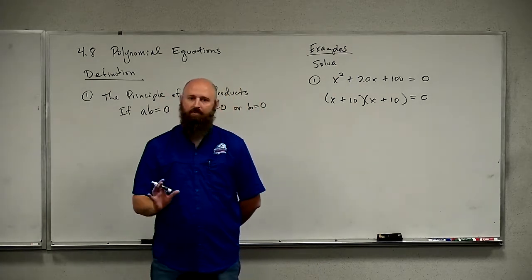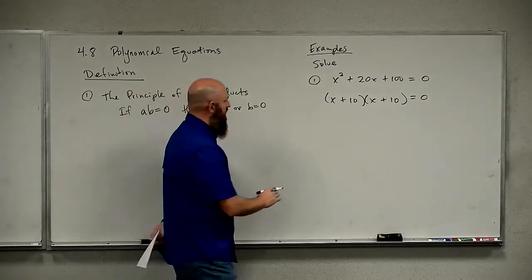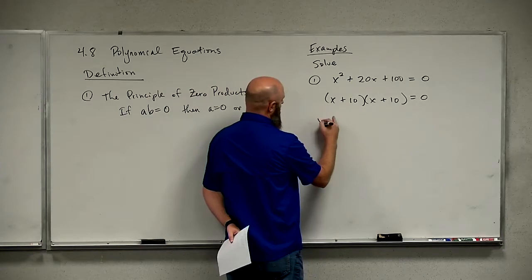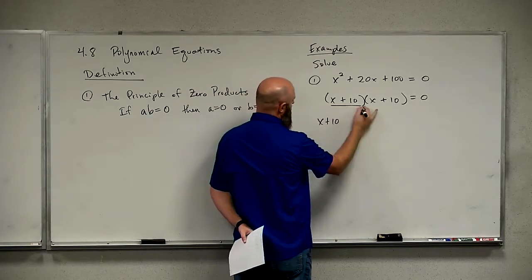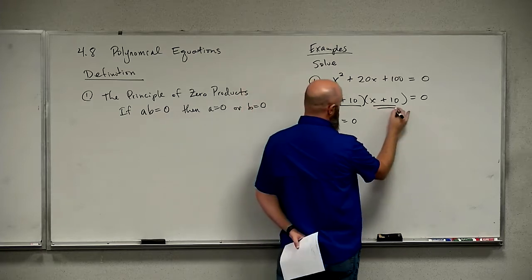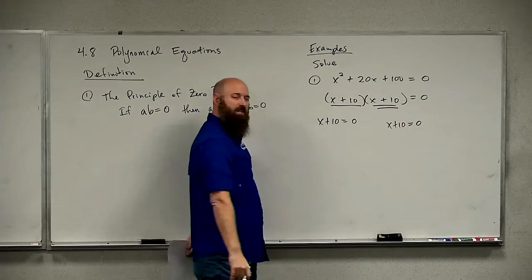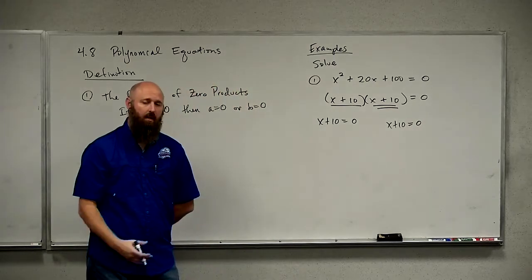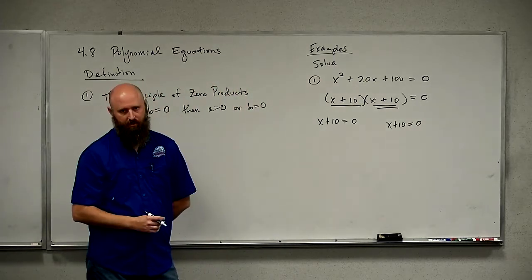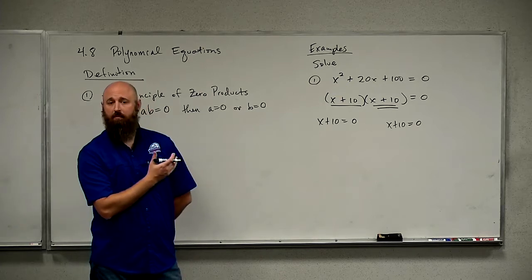Now that we've factored and have it equal 0, we can take each one of these. So x plus 10, there's my first one, equals 0. We can take our second one, x plus 10 equals 0. Because they're exactly the same, we don't technically have to work both of them. That doesn't happen very often, but here's an example of where it does.